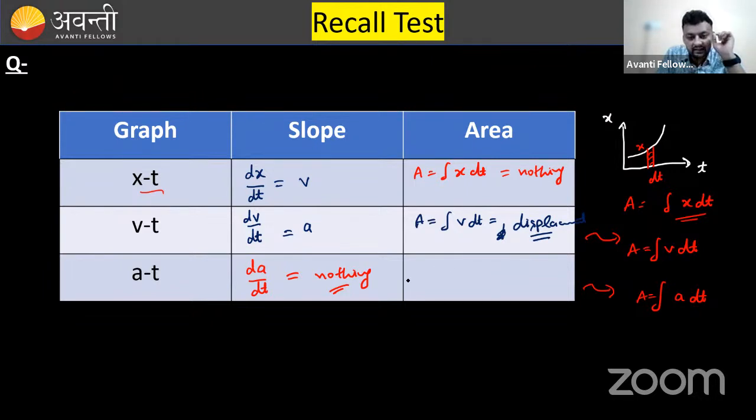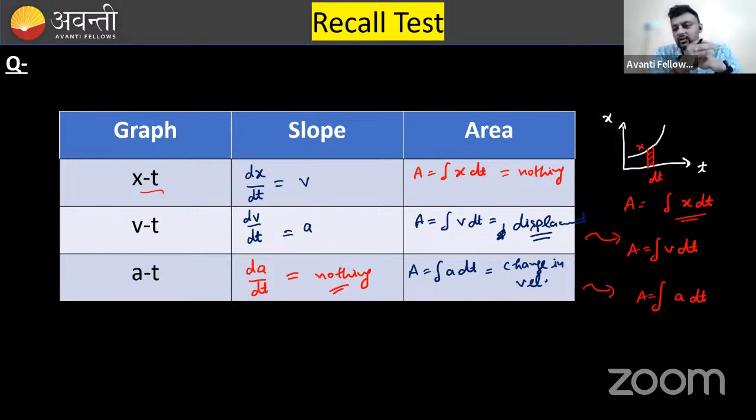Similarly, area under the at curve is the integral a dt, and this gives us change in velocity. So this is the table that you should remember all the time. This is the revision of the previous class, which is most important for us.